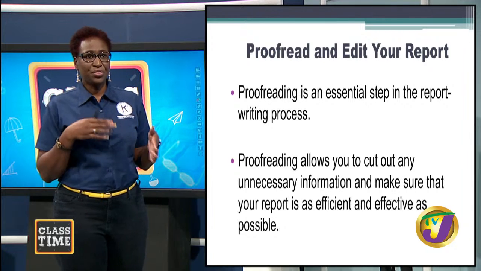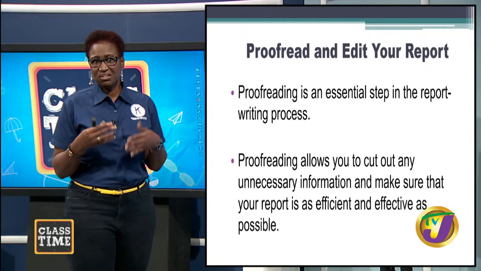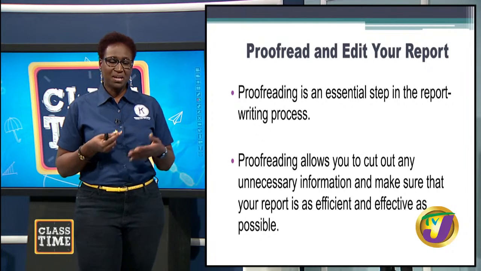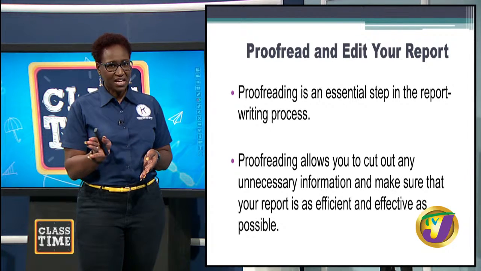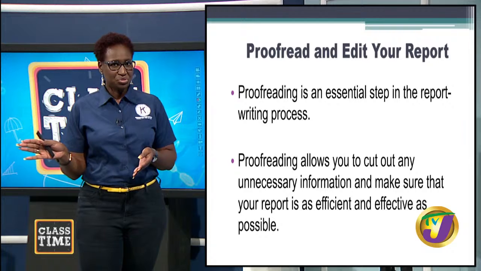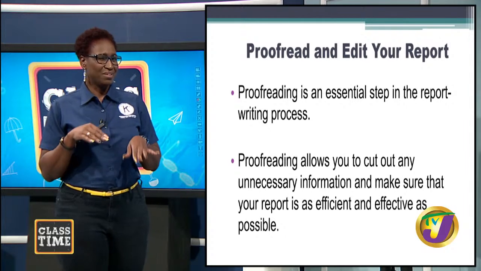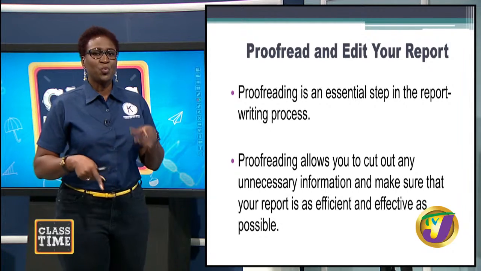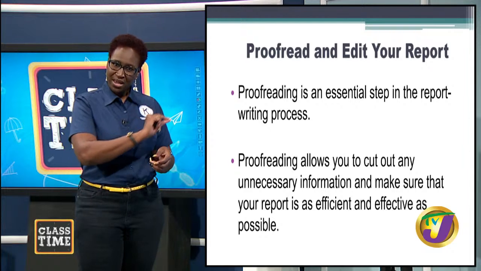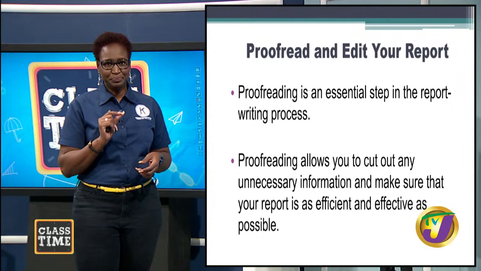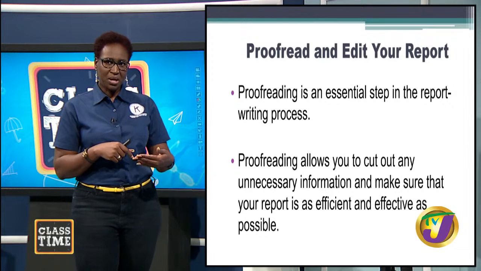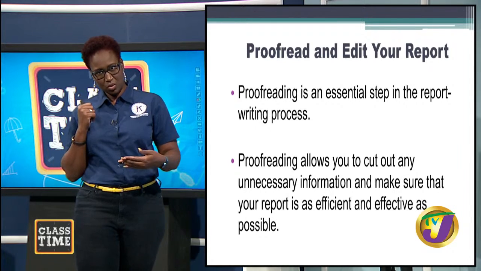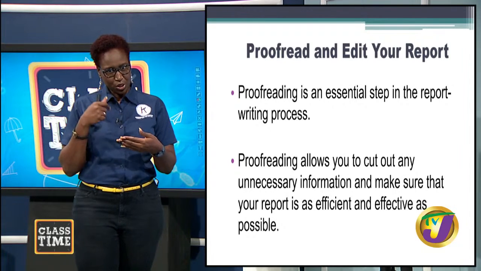And through proofreading now, you can cut out any unnecessary information. So maybe at some point in the report, you went a little bit off tangent. You started to introduce some topics that really weren't relevant to that report. When you proofread, you can just strike it out, so you know that I'm supposed to be talking about sales for this quarter. Why am I talking about purchases from last quarter? How do those two things link up?